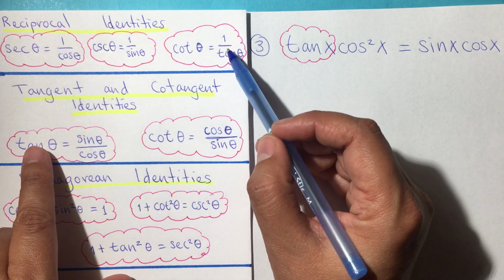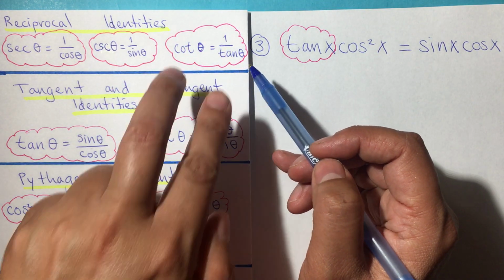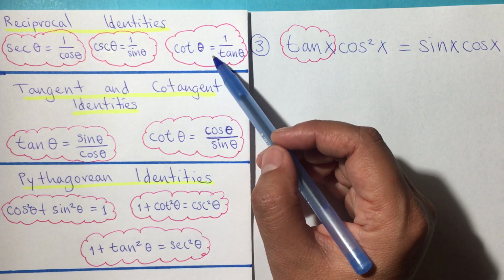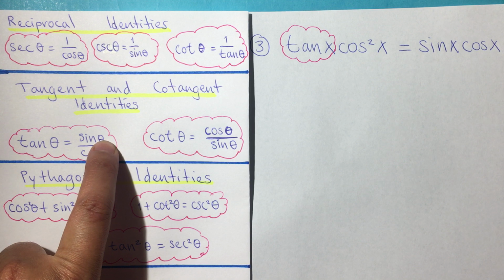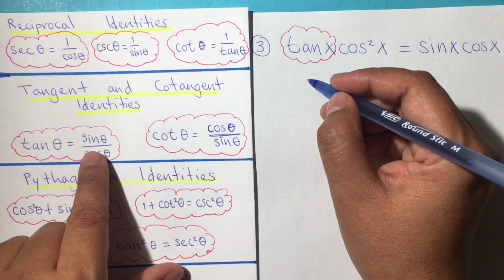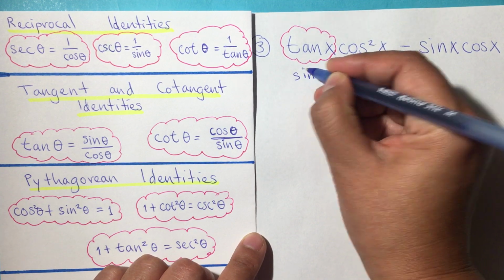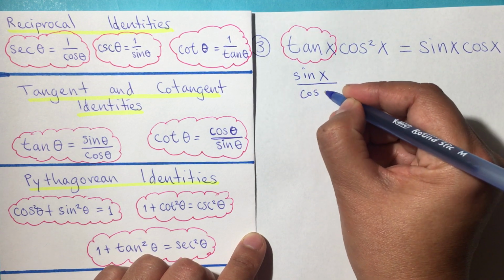Remember that this is also the same because we can switch them as we saw in the warm-up. You have that tangent of theta equals 1 over cotangent of theta. Or you might want to use this one, which is directly sine of theta over cosine of theta. That's what I'm going to use, which is sine, but not of theta. It's going to be of x over cosine of x.